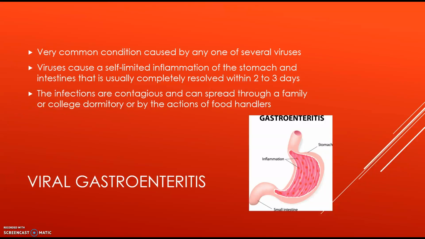Gastroenteritis is an inflammation of the lining of the stomach and small and large intestines. Typically, people have the diarrhea, nausea, vomiting, and abdominal pain. Diagnosis is made based on the history and recent contact with contaminated food or contaminated people.